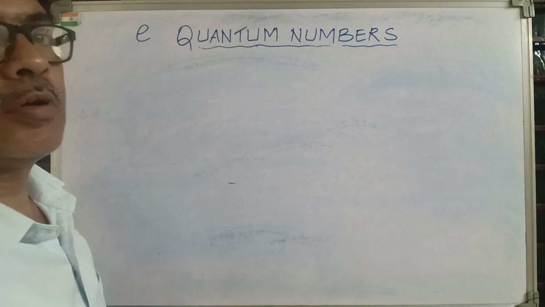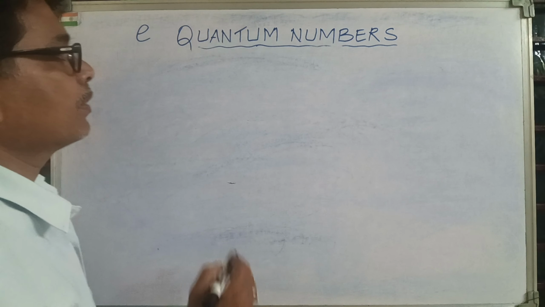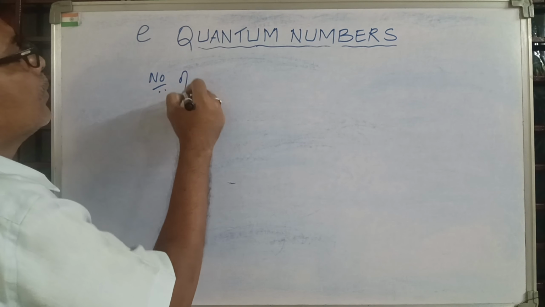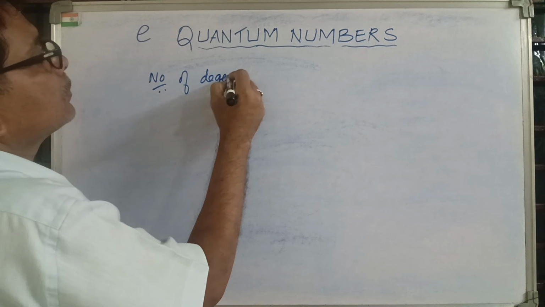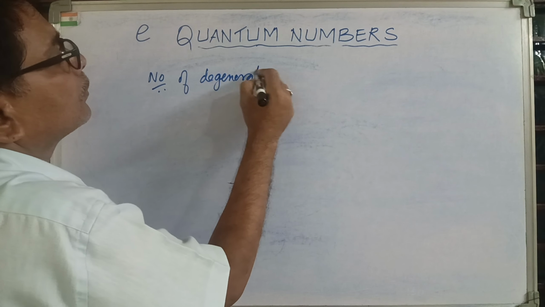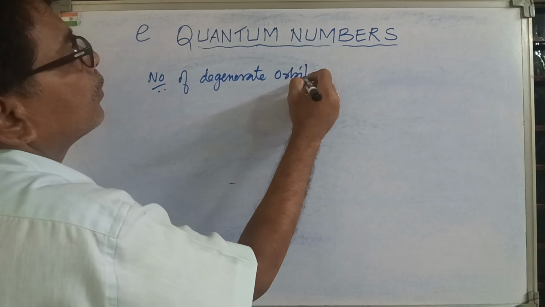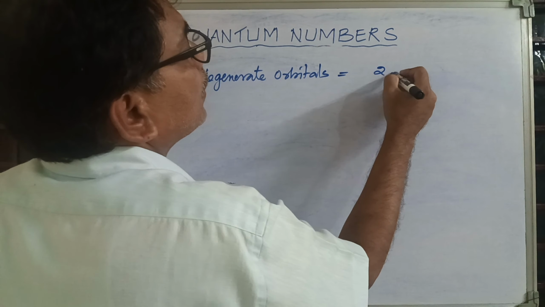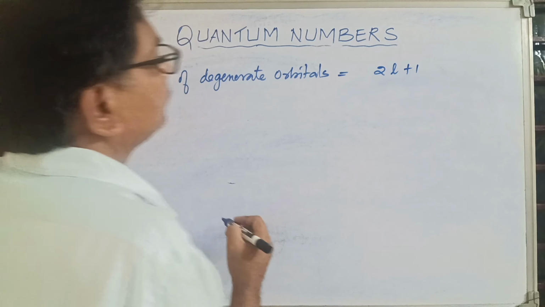So for the number of electrons, what was the formula? Just now we have seen the number of degenerate orbitals. Degenerate orbital means boxes. The number of degenerate orbitals formula is 2L plus 1.